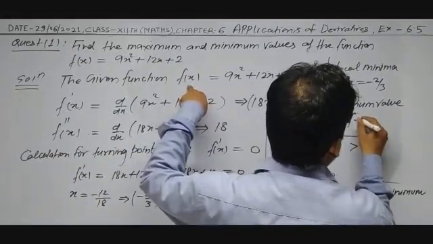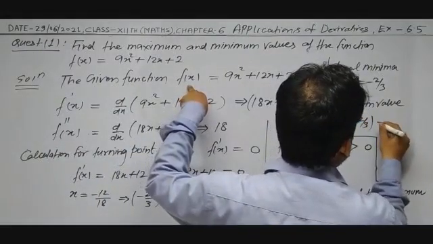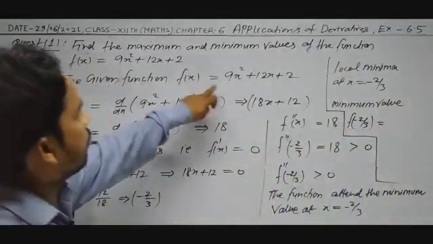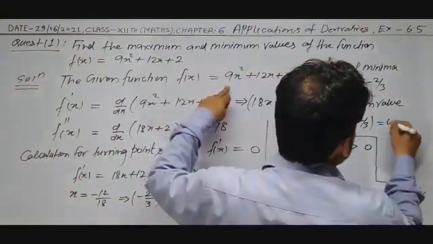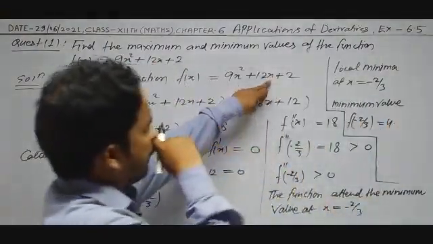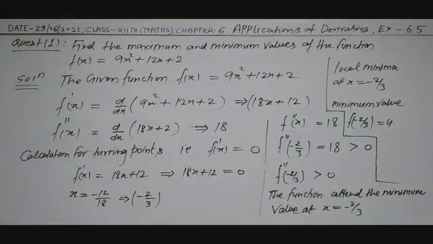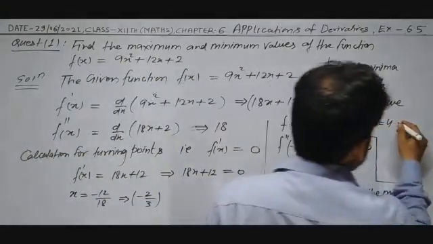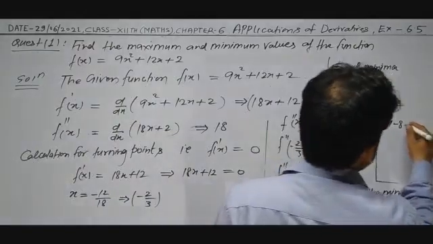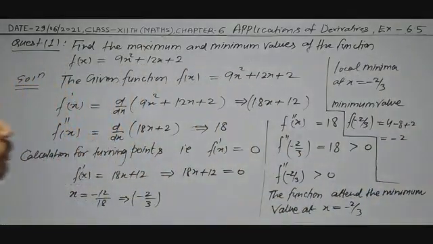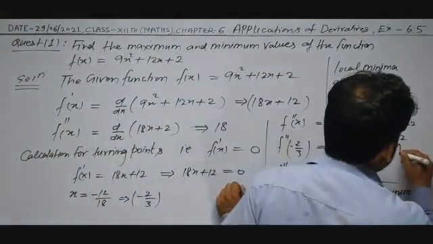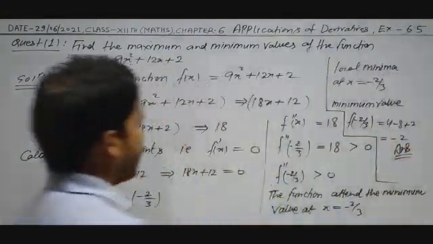So f(-2/3) is the minimum value. You will get 4/9 times 9, the 9 will cancel out, result 4, and 12 into -2/3, result you will get -8, and plus 2, so you will get -2. Minus 2 is the minimum value of the function. This is the answer.